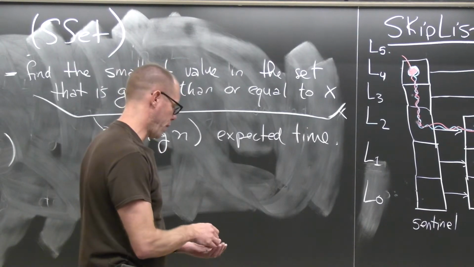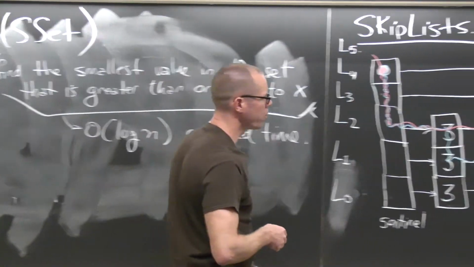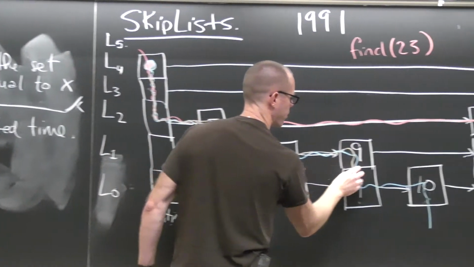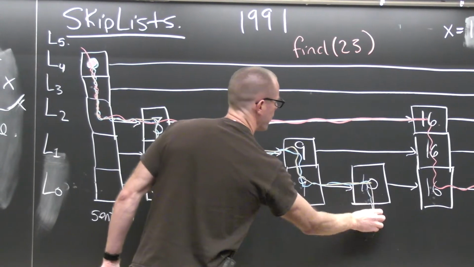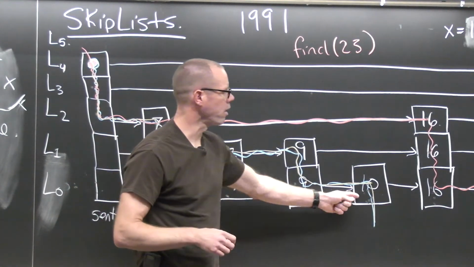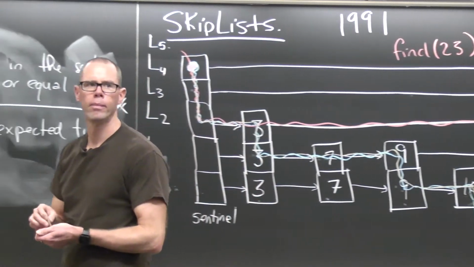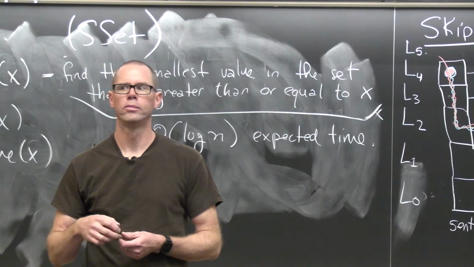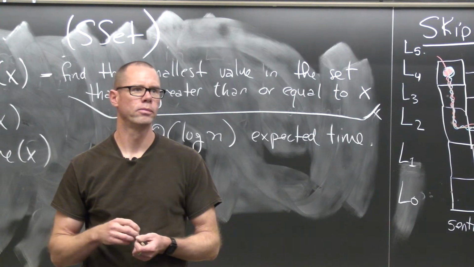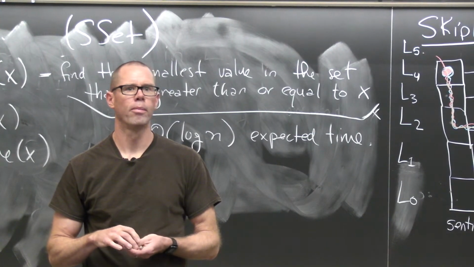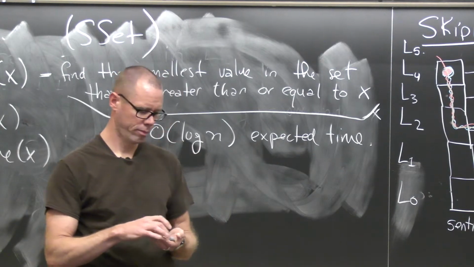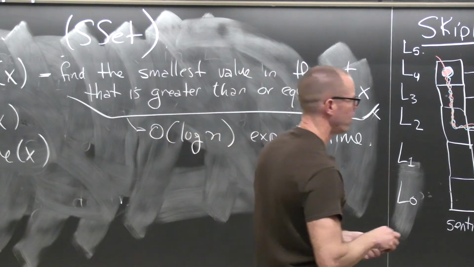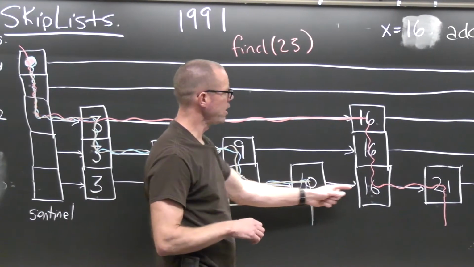So let's look at the search path for 12, which we actually already have here. And we can follow that search path and that'll bring us to here. Now what? Yep. Okay. So we want to add this thing here.